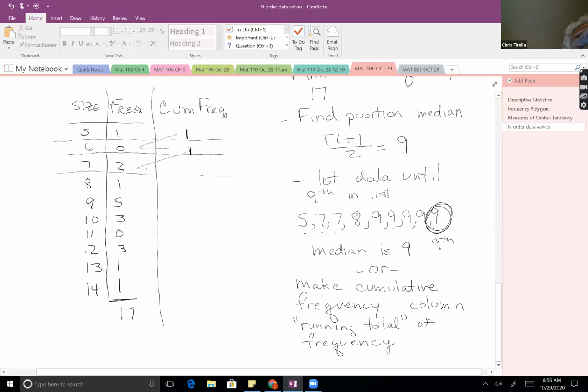Then I add the next number. 1 plus 2 is 3. 3 people are 7 or smaller. Then I add the next number. 3 plus 1 is 4. 4 people are 8 or smaller. And I keep adding on the frequencies to that point.